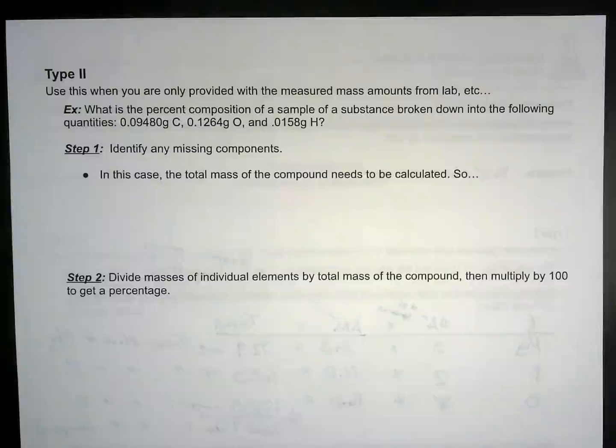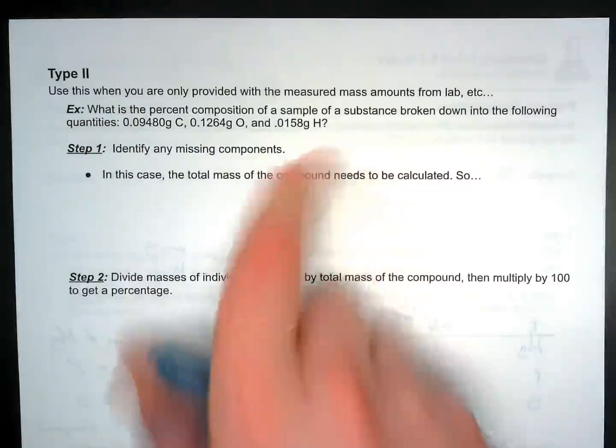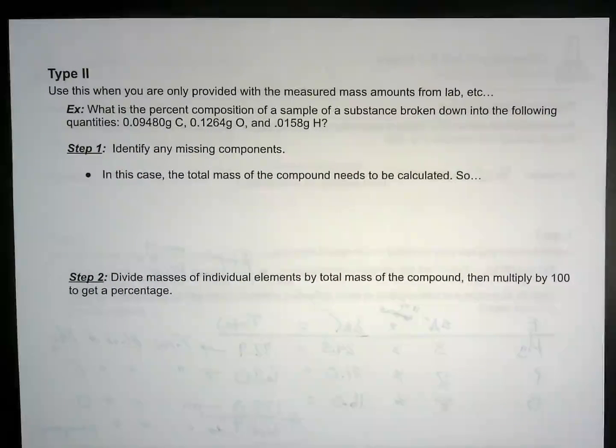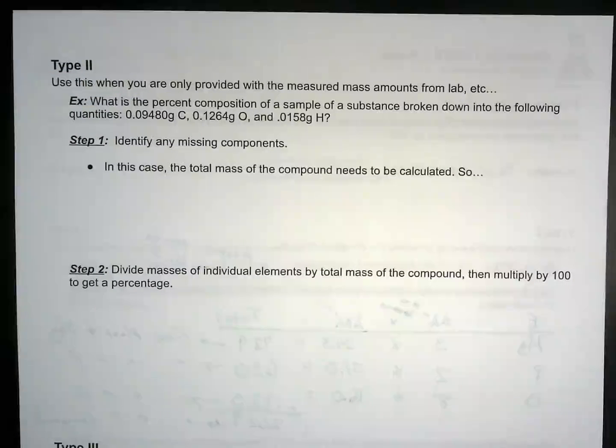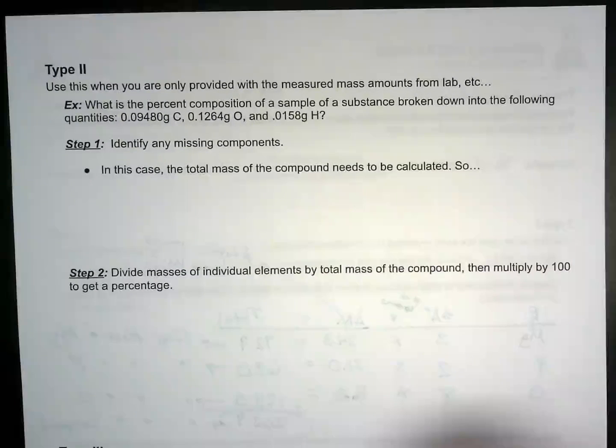What we can use this information for is potentially to figure out what substance we have. It's made of carbon, oxygen, and hydrogen, but that could be a whole lot of different things. So here's what we have, and maybe we can figure out the particular substance. Let's try to identify these components.